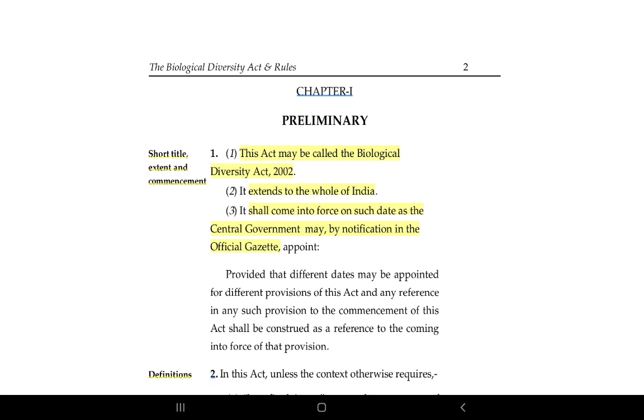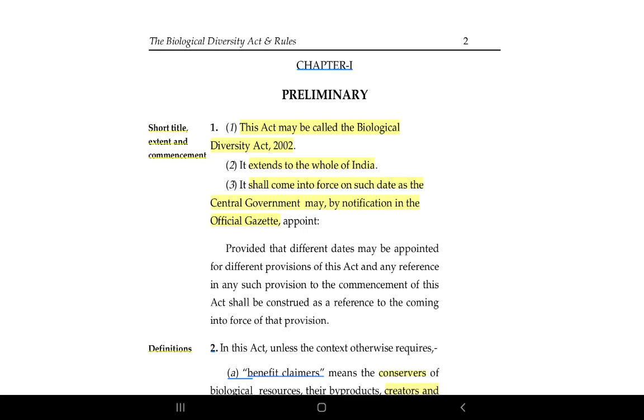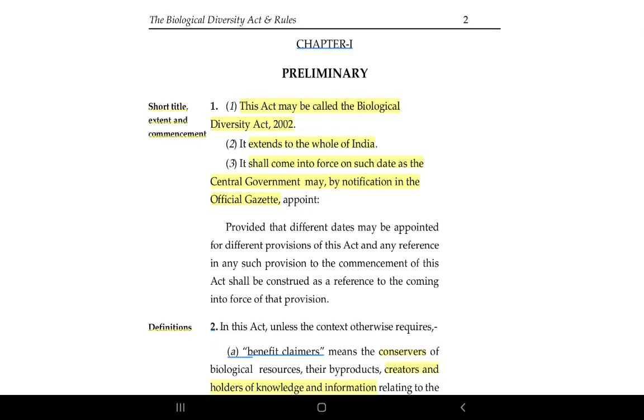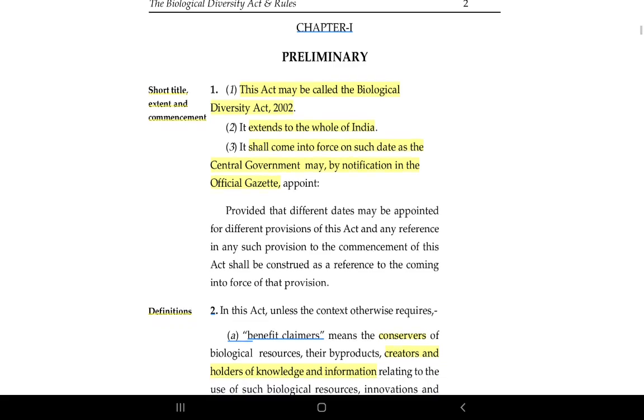Now, as I have already mentioned, this Act has 64 sections distributed in 12 chapters. The first chapter is headed Preliminary. The first section talks about the title, extent, and commencement. The title of this Act is Biological Diversity Act 2002.